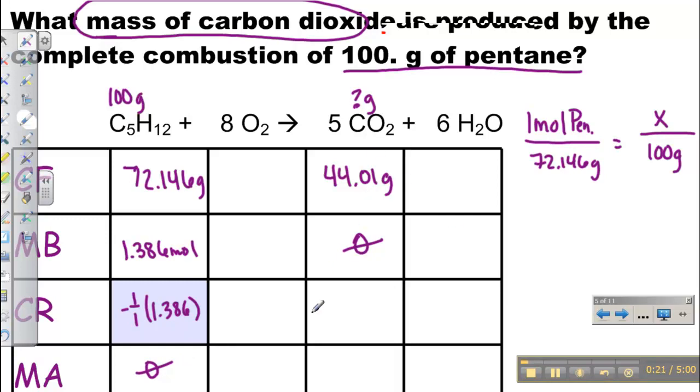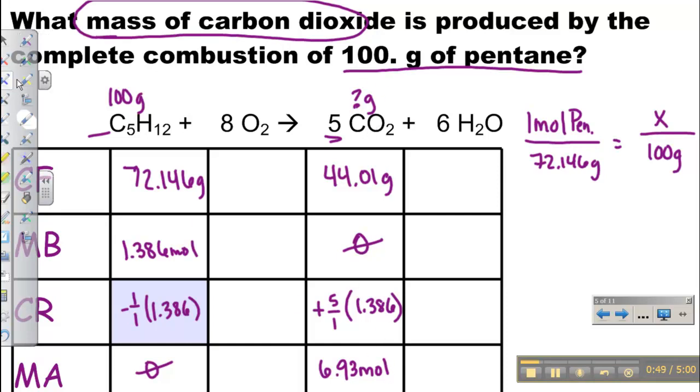For our CO2, it's going to be 5 over 1. 5 from the CO2, 1 from the pentane. And we're going to multiply that by our moles. So when we do this math, we're going to do 5 times 1.386. You end up with 6.93 moles of CO2.